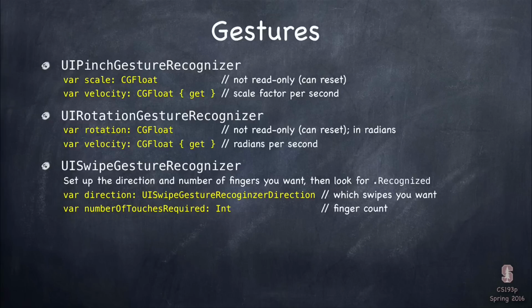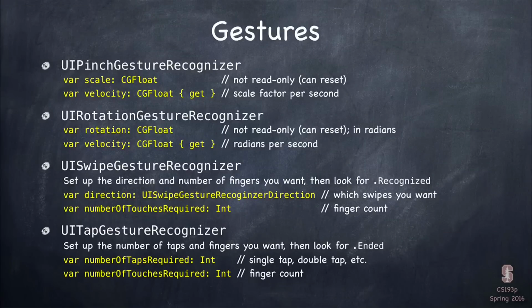So that's swipe. Tap, which seems like it would be discrete, is not quite a discrete gesture. You also configure it with how many taps: is it a single tap or a double tap, and two fingers or one. You configure that and add it. And here, you're going to look for .ended to find out when the tap has happened.